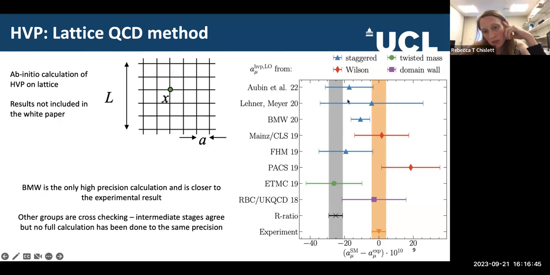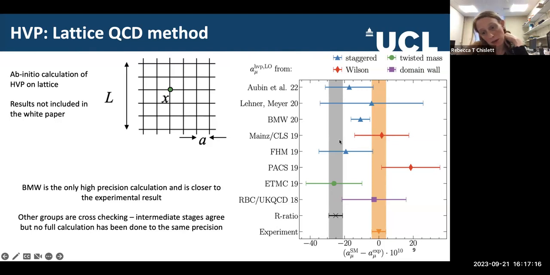In the plot, you can see various different lattice QCD predictions from different groups, and the BMW result is at much higher precision than the rest of them. Again, the grey band shows the value that you get from the dispersive approach, and you can see that the BMW lattice result disagrees with the value that was published in the white paper.